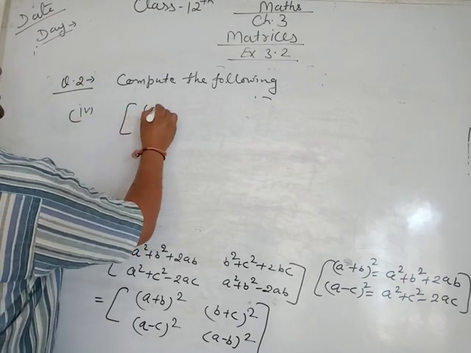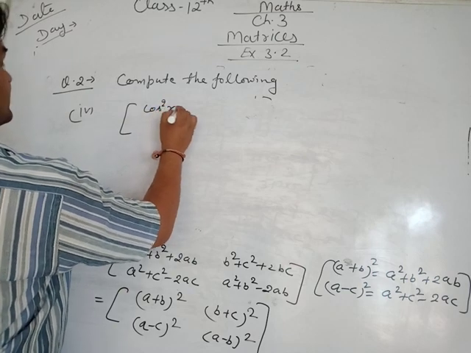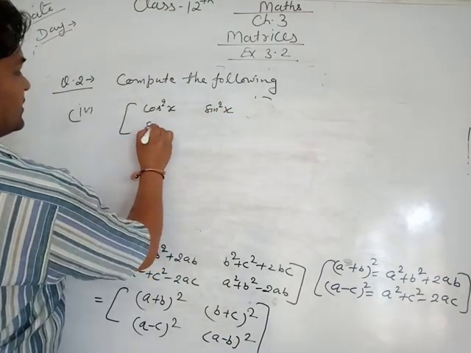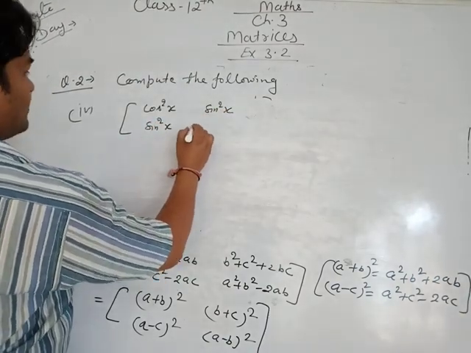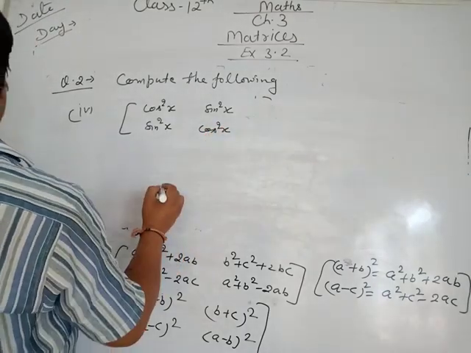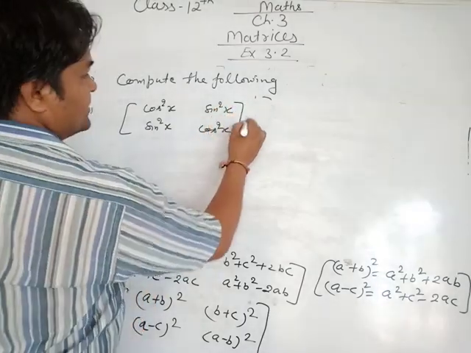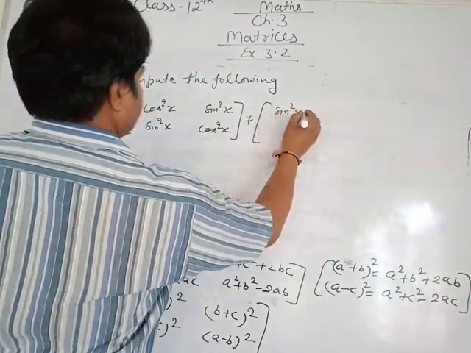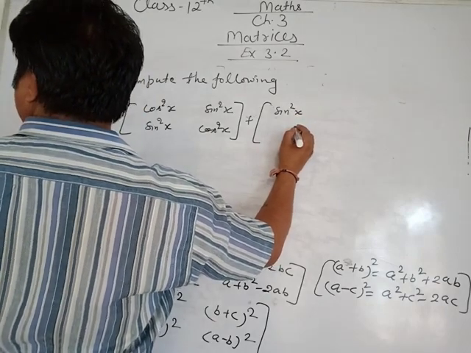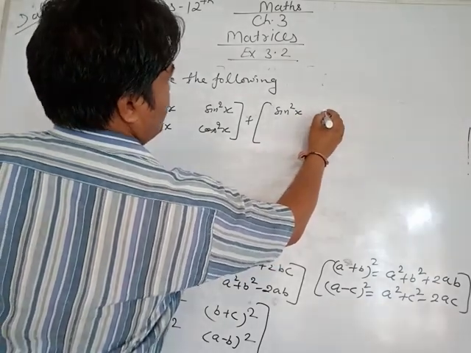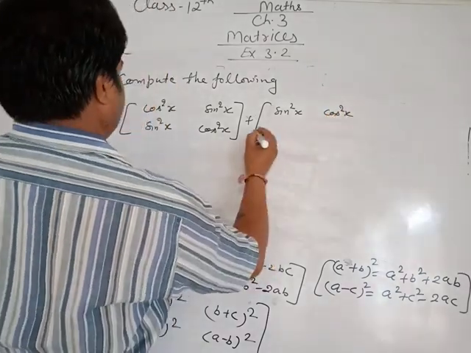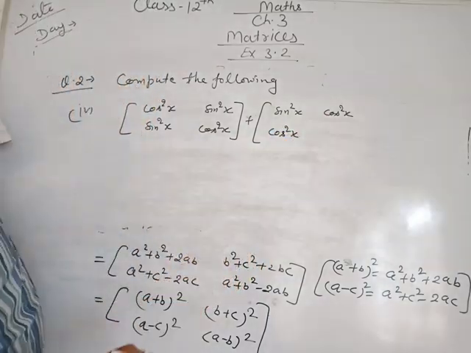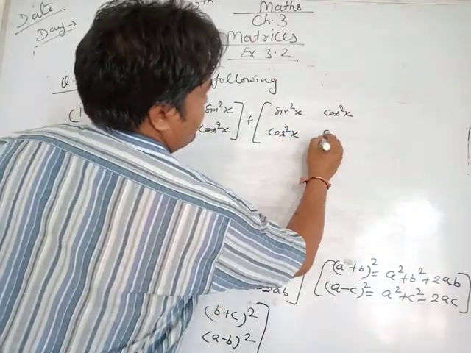cos square x, sin square x and sin square x, cos square x, plus the second matrix: sin square x, cos square x, here cos square x and now sin square x.